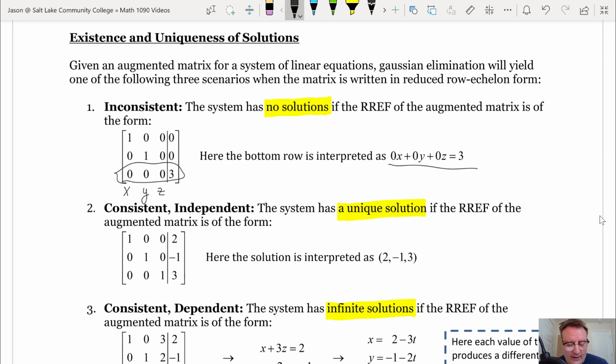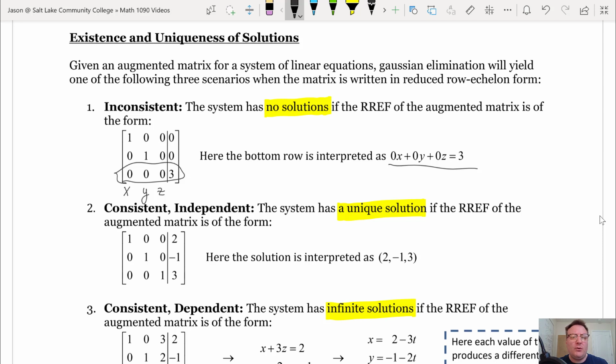Okay, graphically speaking, when we have a 3 by 3 system, each equation in the system corresponds to a two-dimensional plane in three-dimensional space.